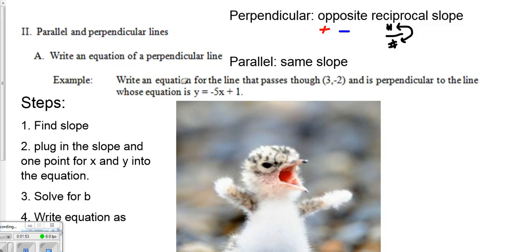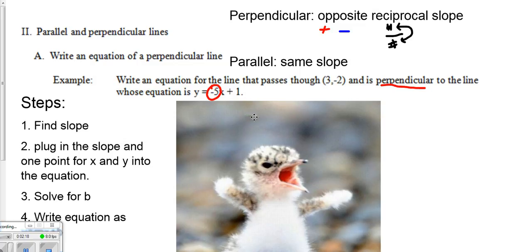So if we need to write an equation for the line that passes through (3, -2) and is perpendicular to the line whose equation is y equals -5x plus 1. Nothing else in this equation matters except for this piece. This is our slope. So we need a new slope for our line that is perpendicular to -5.